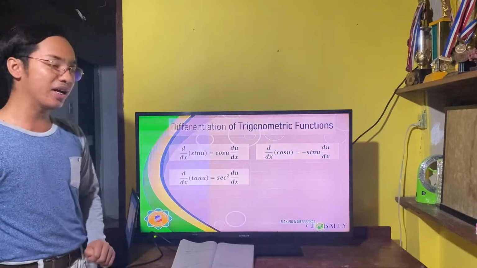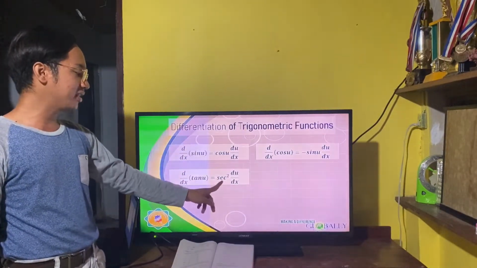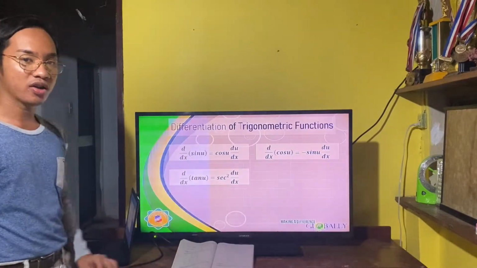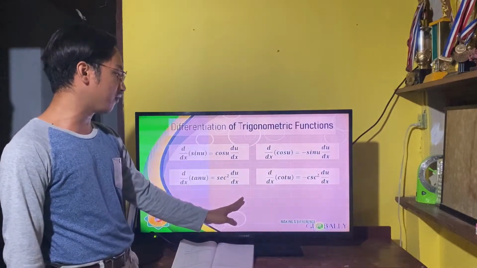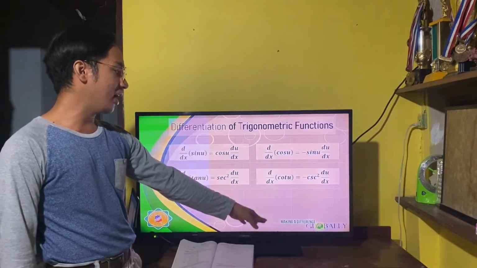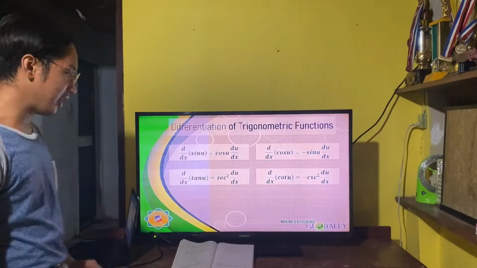And the third formula is the derivative of tan u with respect to x is equal to secant squared u du/dx. And the fourth formula is the derivative of cotangent u is equal to negative cosecant squared u du/dx.